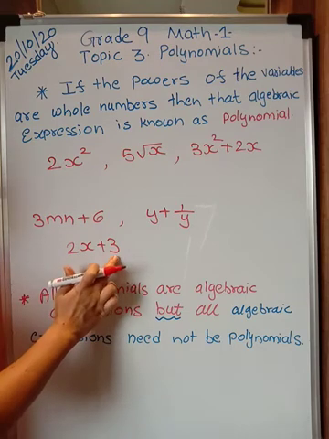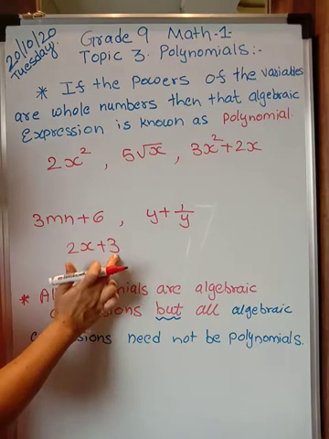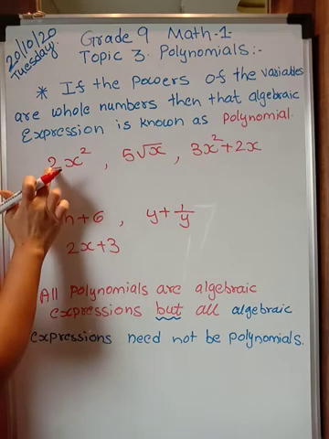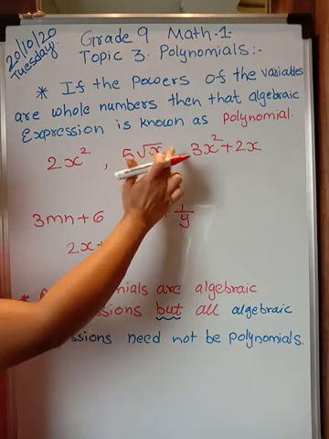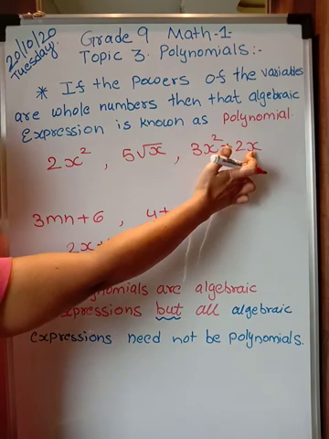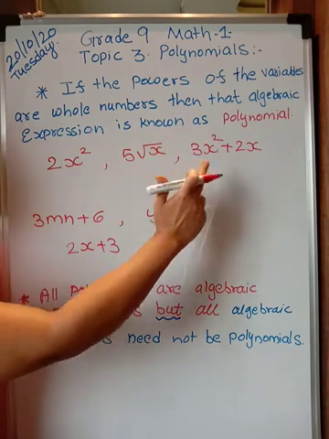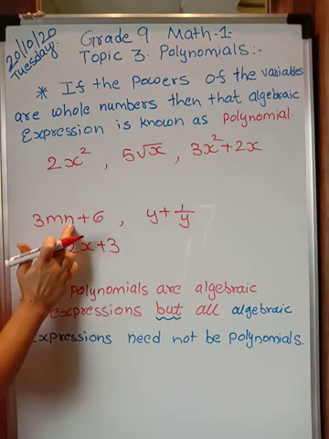And what is 3? There is no variable attached to 3, so this is called a constant. So this is coefficient, this is variable, this is constant. Here this is the coefficient of x square, this is the coefficient of x, and x is the variable. In this algebraic expression, there is only one variable, that is x. But in this, there are two variables, m and n.